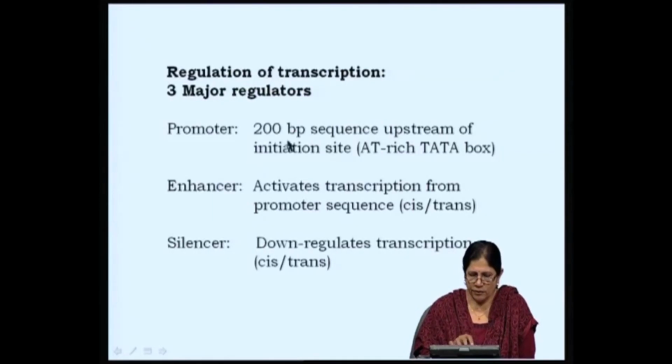Promoters are approximately 200 base pair sequences upstream of the initiation site, with an AT rich TATA box, which is the initiation site. Enhancers are sequences that activate transcription from the promoter sequence, and they could work in cis and trans. Silencers downregulate transcription. So you have enhancers and silencers, and the names themselves denote that. The silencer also downregulates transcription, both in cis and trans.